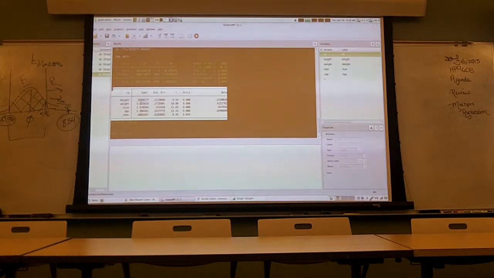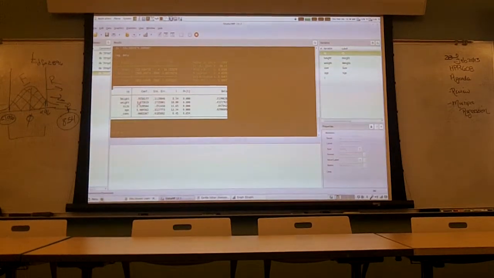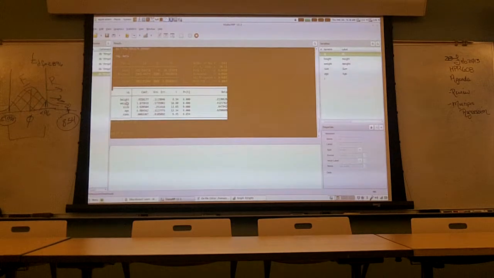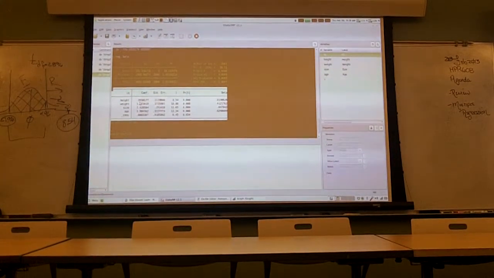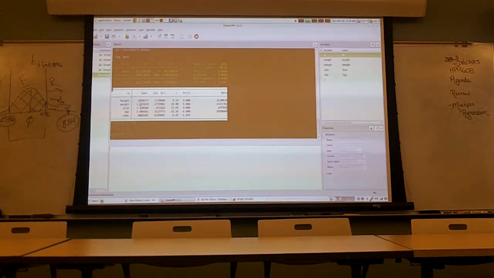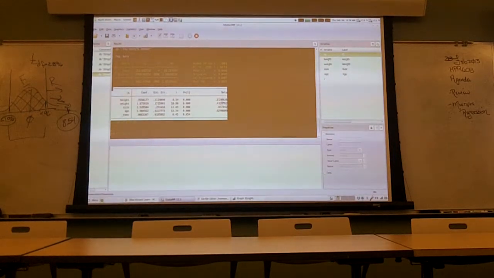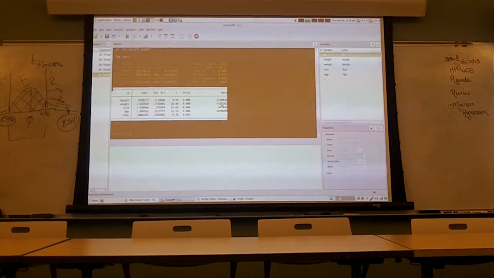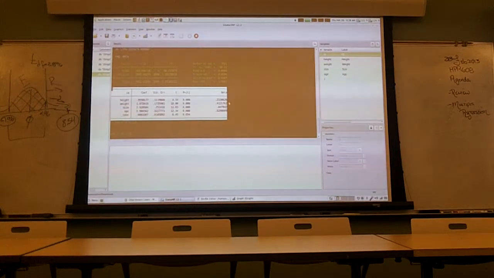Whereas before we said for every 1 unit increase in height, so let's say height's measured in inches, for every 1 inch increase in height, we expect IQ to go up about 0.96 points. The interpretation of this changes with these standardized coefficients. When we standardize the coefficient, what is the unit that we're dealing with here?